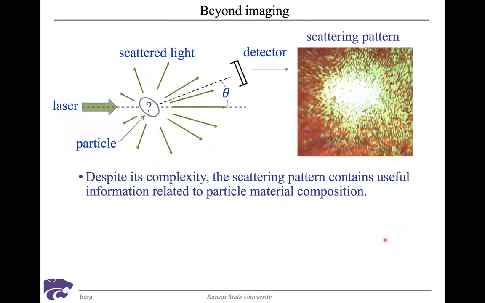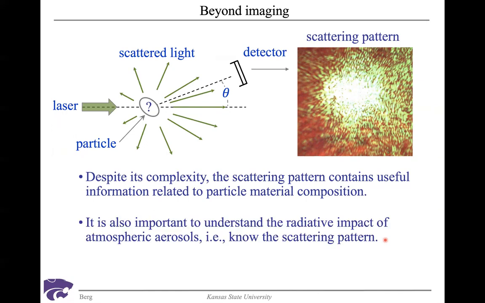Well, so this is all about how we can get images of moving aerosol particles with holography. But that's not all you would want to do necessarily in an experiment or measurement. In fact, you may want to measure the light scattering pattern, the thing I was talking about at the beginning, because it does have useful information. It's probably the most direct way to get to a determination of particle material.